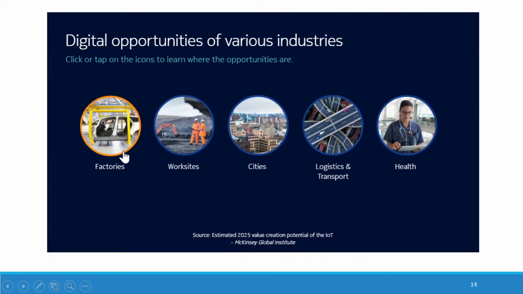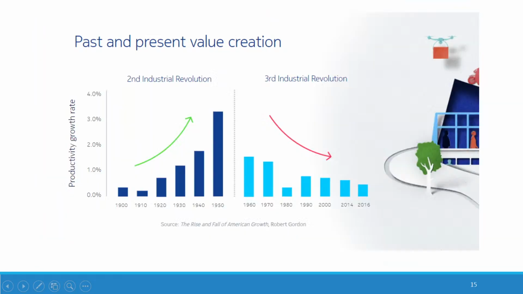Okay, here are digital opportunities of various industries. Here gives us some information for past and present value creation. In the second industrial revolution, we introduced electricity, right?